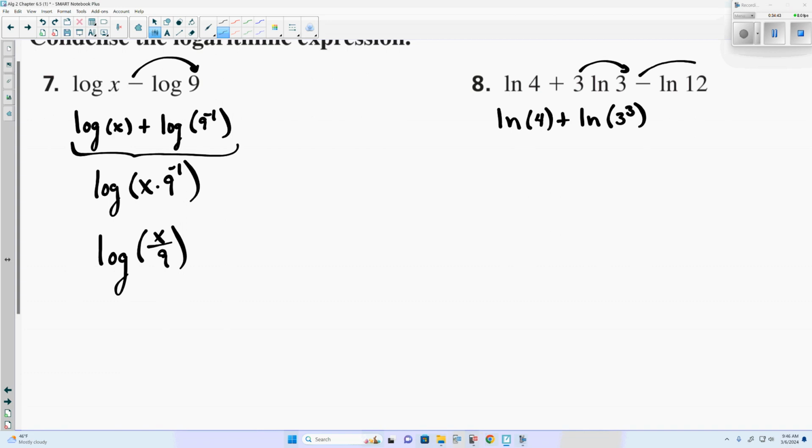And then we'll also take the ln of 12 to the negative 1. We'll take the 3 and negative up with the powers. Now we do have 3 things being added together. So it's the same as ln of 4 times 3 to the third times 12 to the negative 1.